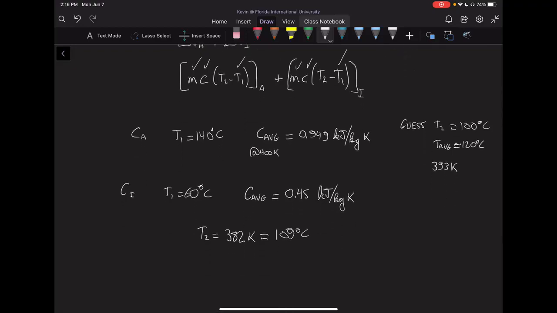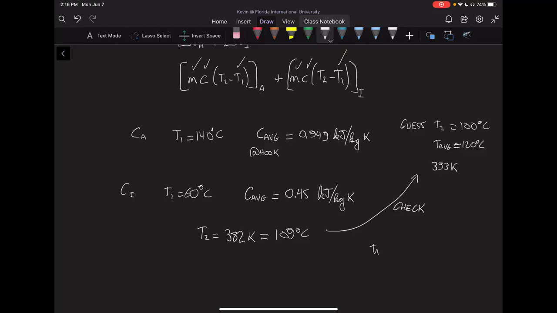So now our guess has to be checked. So we need to check this guess. And we see that this guess was actually pretty good. We have 109, so our T average would be a little bit higher. So 109 plus 140 would yield an average temperature of 124.5 degrees Celsius.